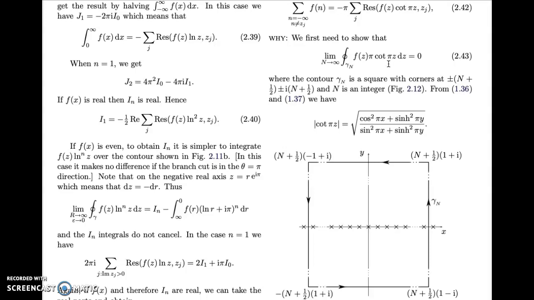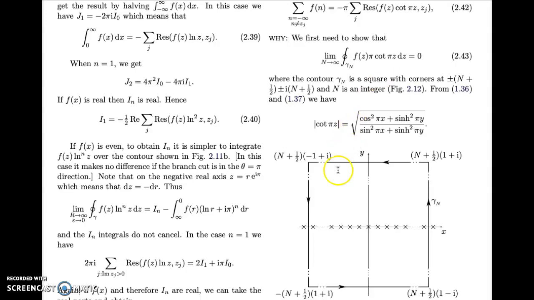So if you've got tan pi z, it has zeros at all the integers, which means that 1 over tan pi z, or cot pi z, will have simple poles at all of the integers.